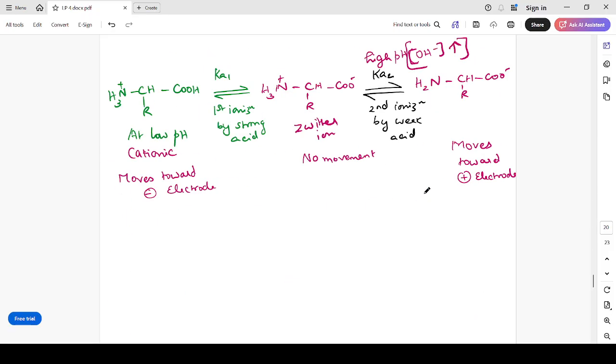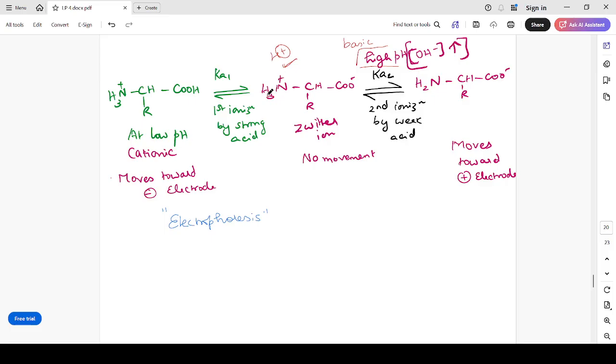So we were discussing about this electroforces, movement of ions with respect to their charge. This is the Zwitter ion in high pH zone. That means in basic medium. Base will abstract the H plus.